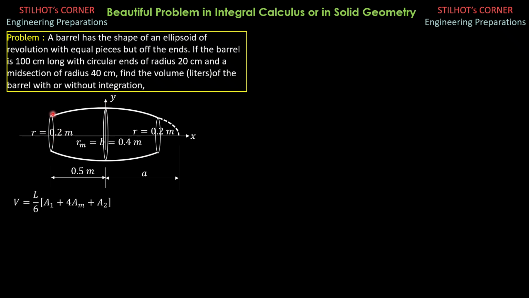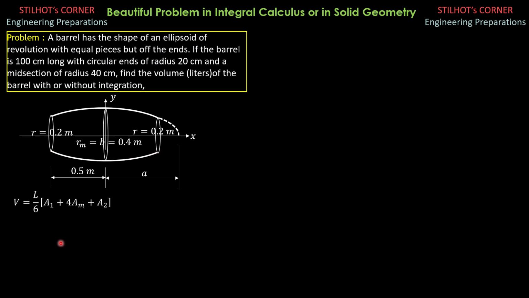Area 1 is equal to area 2, which is the area of a circle, pi times 0.2 squared, while the area of the midsection is the area of a circle with radius 0.4. L is 1 meter, as I said, 0.5 then another 0.5, so that's 1 meter.